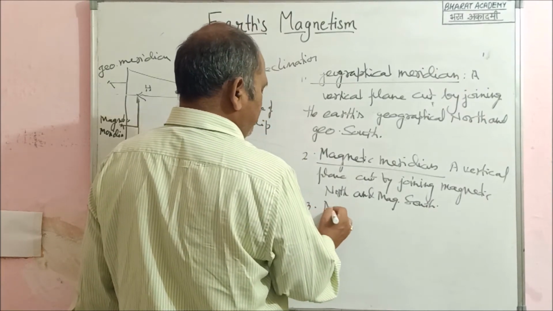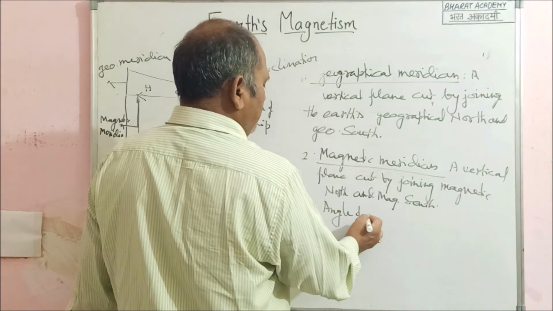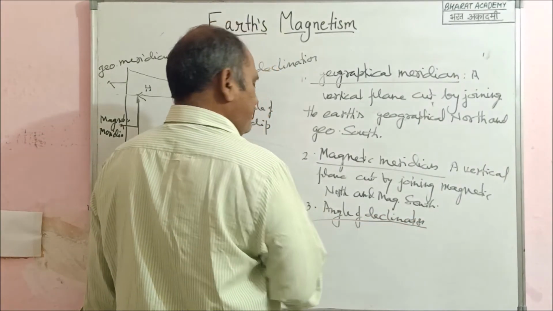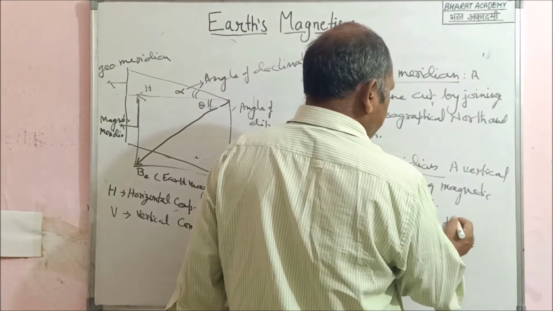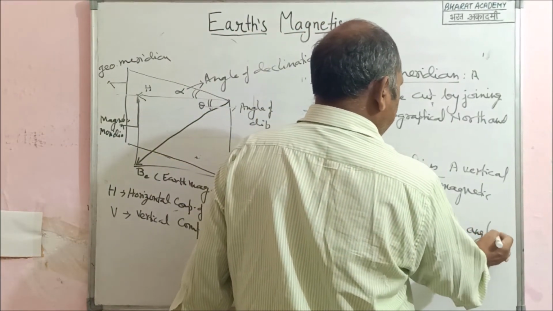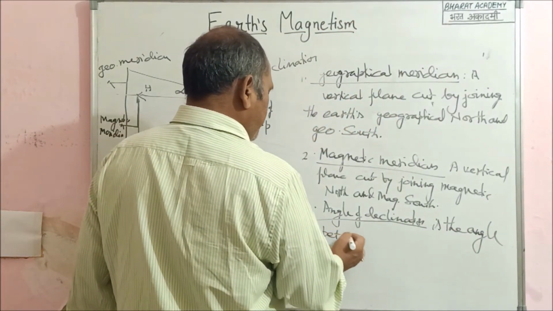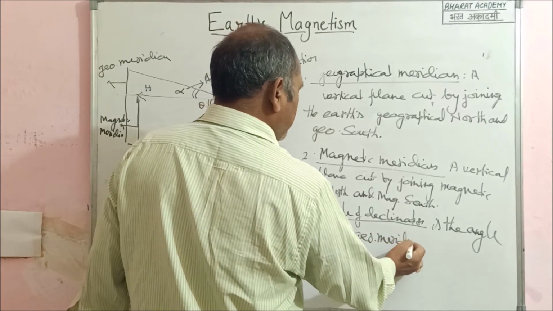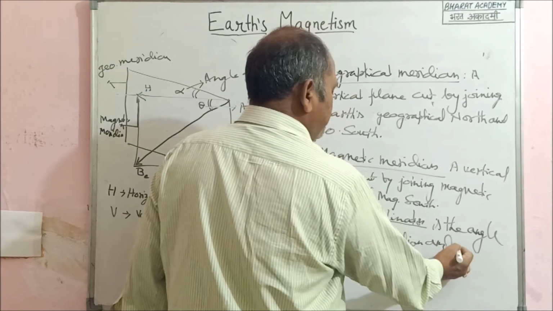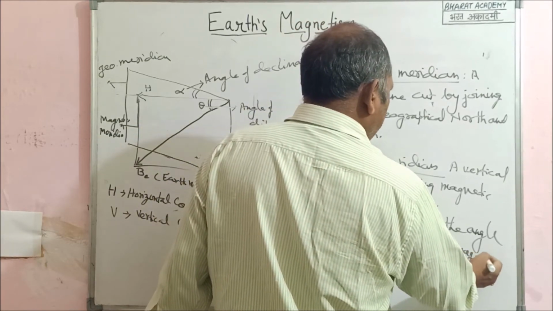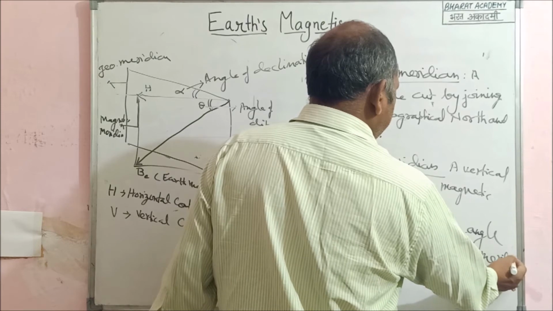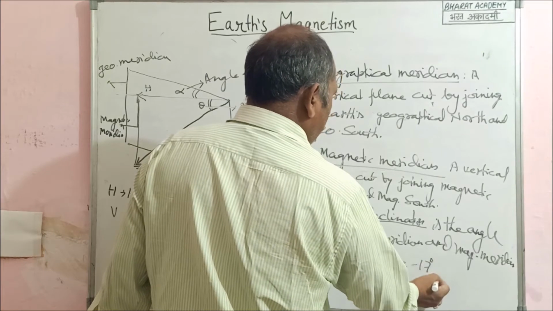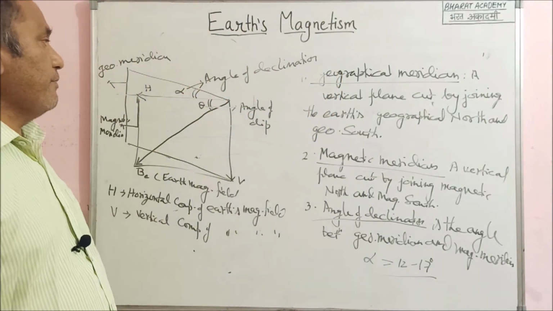Third is the angle of declination, which is the angle between the geographical meridian and the magnetic meridian. Alpha does vary from 12 to 17 degrees, what I have read, but right, this is alpha.